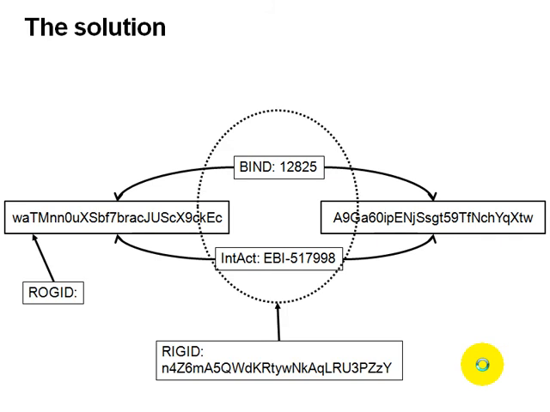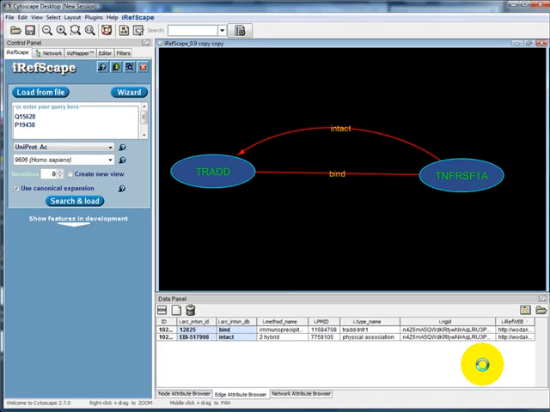The actual keys that we use, the ROG IDs and RIG IDs, are an extension of what's shown here. A ROG ID is this 27-character key that's the digest of the sequence, and that gets appended to the taxon identifier to create the ROG ID. In a similar manner, we make distinct keys for every single distinct interaction called RIG IDs, or redundant interaction group identifiers, and that is also a 27-character key that's formed by ordering the ROG ID keys and then re-digesting with the SHA-1 algorithm.